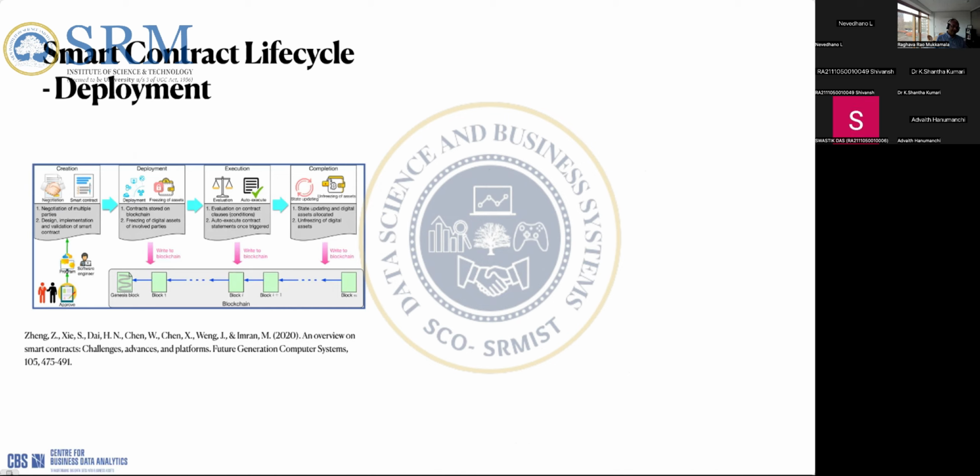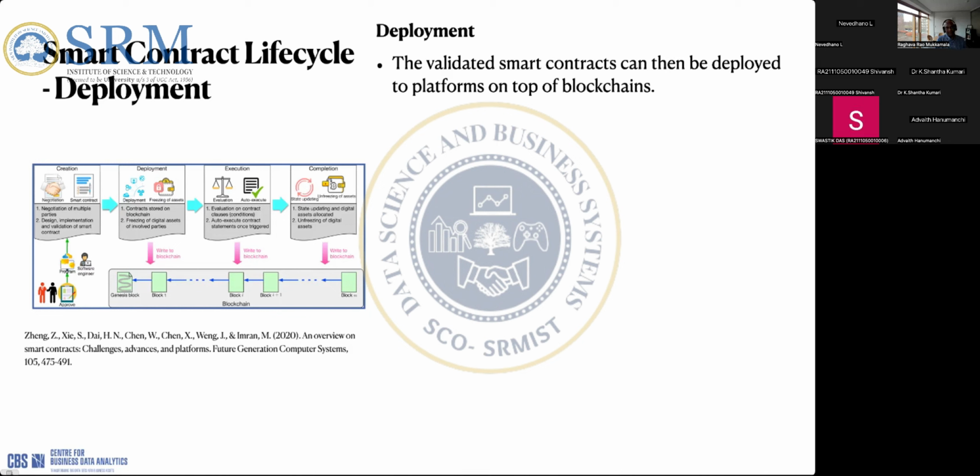Again, for the sake of simplicity, let's choose the Ethereum platform, which is one of the popular platforms for smart contracts. Let's say that we deploy it on Ethereum, right? So what happens in the deployment phase?